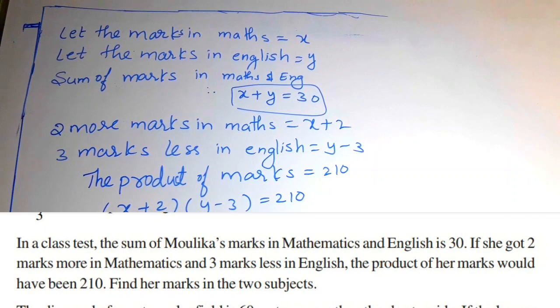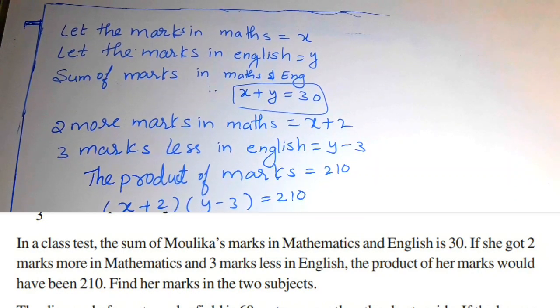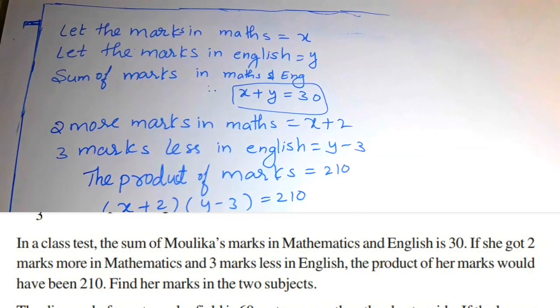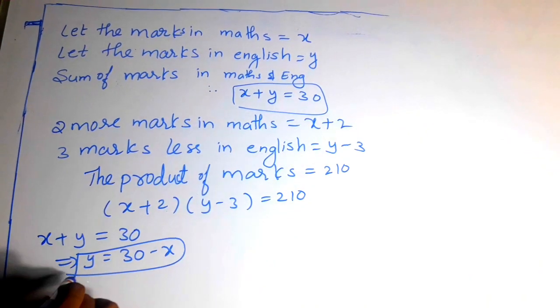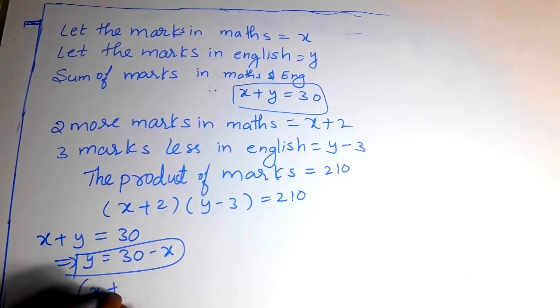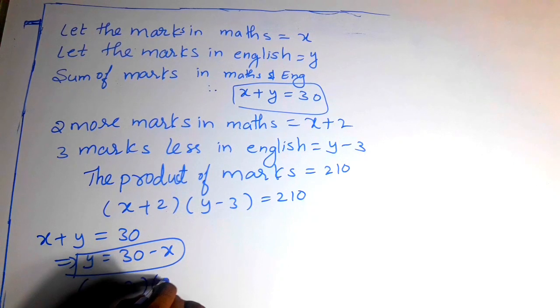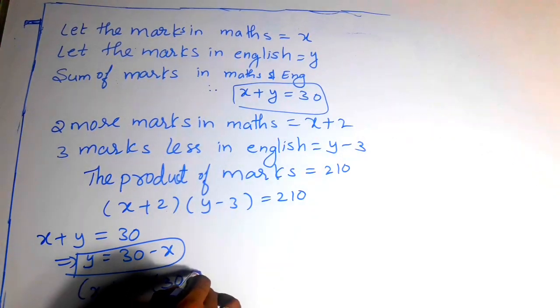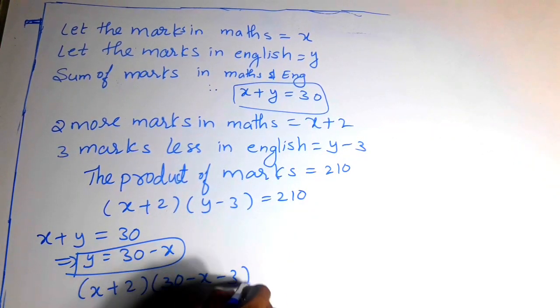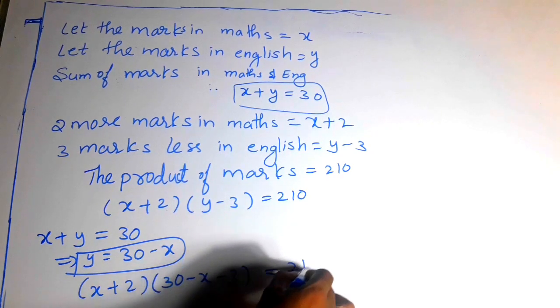Okay, now before multiplying we will do one thing. x plus y is equal to 30. So here y is nothing but 30 minus x. Substitute that y value here. x plus 2 into y, which is 30 minus x, minus 3 is equal to 210.